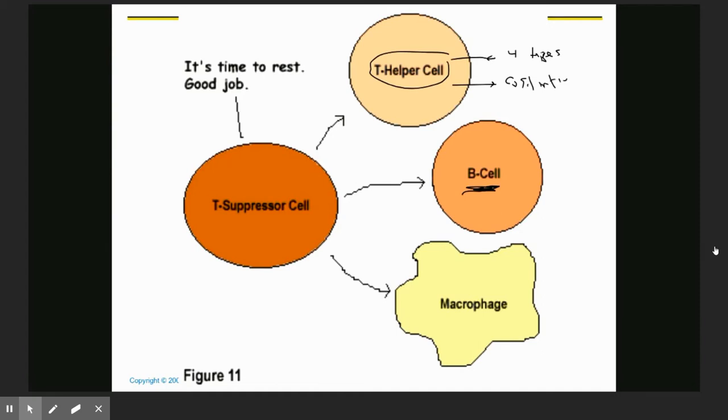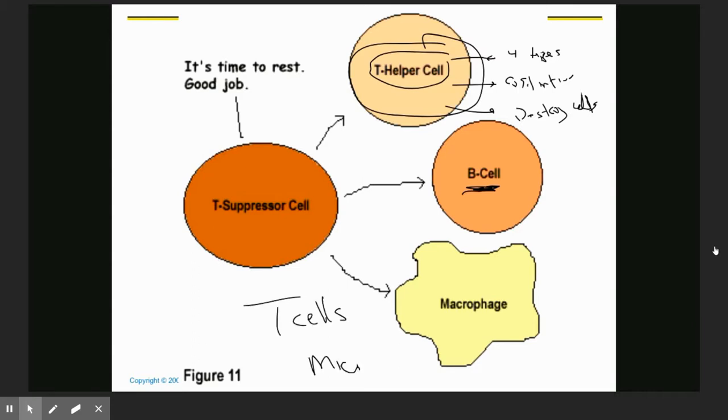Another thing is that they're going to destroy cells. So if you ever take an immunology course where you spend a whole semester, you'll spend a whole lot more time talking about T cells. Even if you take micro, you'll probably spend a whole lot more time talking about T cells.